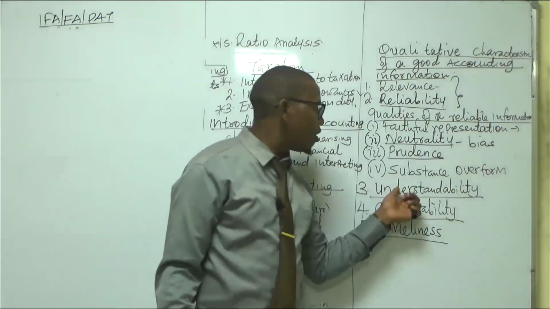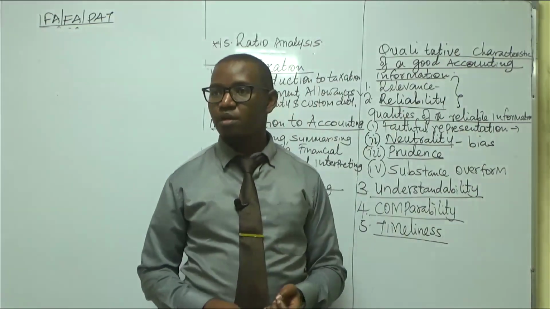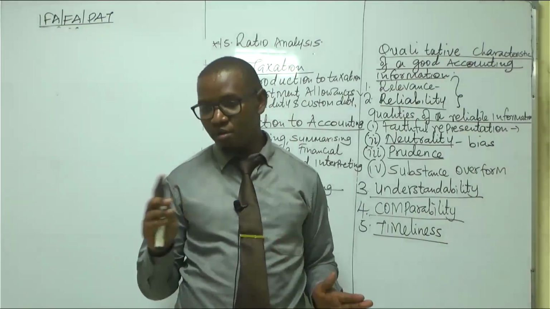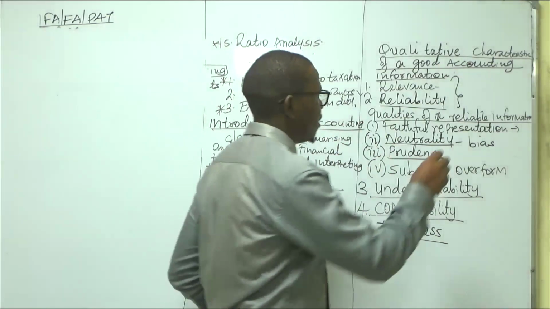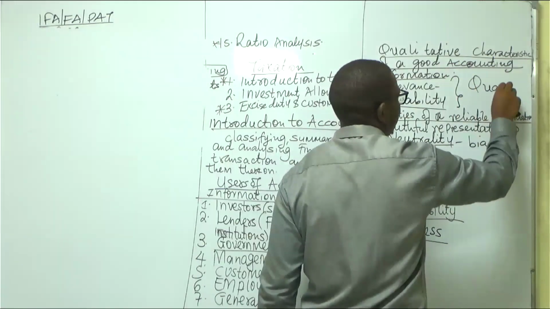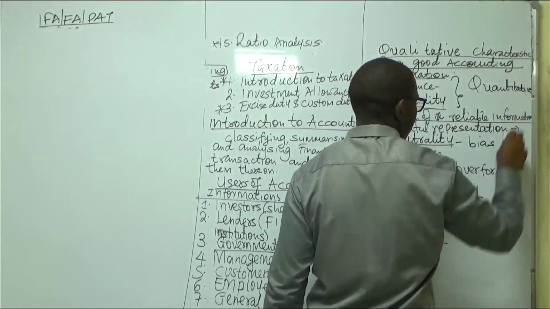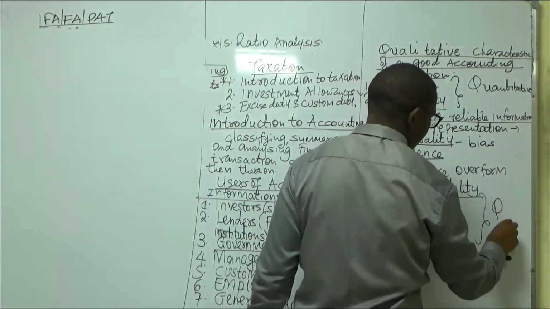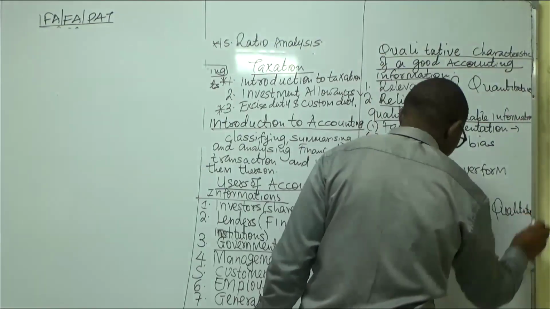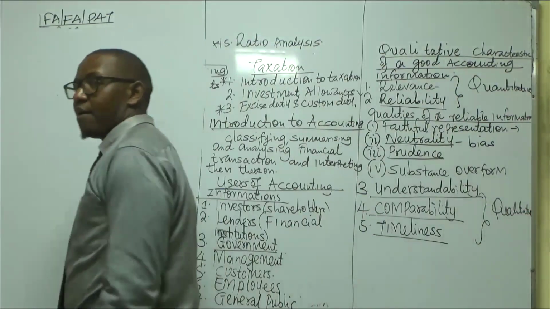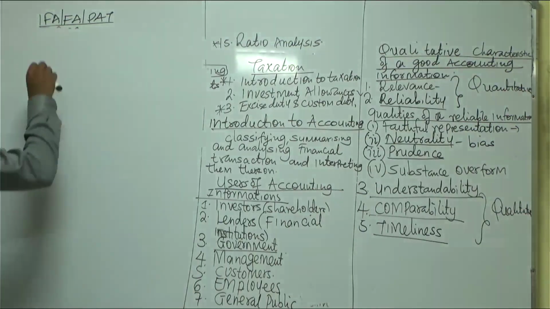When we talk about qualitative, we talk about these other ones. So just in case you are asked like that, that is how you do it. This is for quantitative. These other ones are for qualitative characteristics.